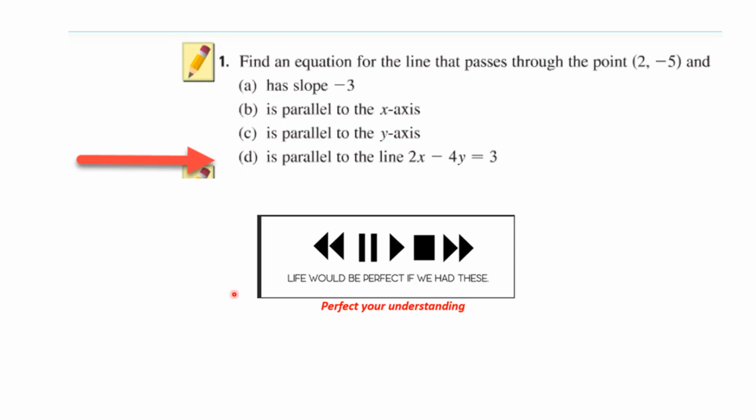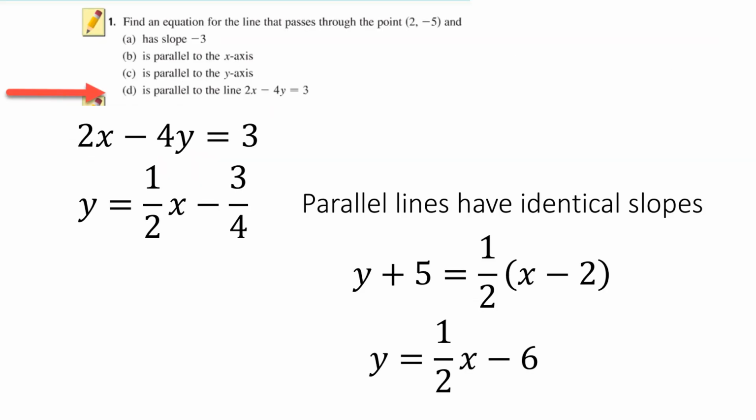So here is problem 1D. You know what to do. Let's see how you did. This was the equation of the line that we wanted to be parallel to. So if we solve for y, the coefficient of the x will be the slope. So the slope of this line is 1/2. And we want to find a line that's parallel to that, and parallel lines have identical slopes.